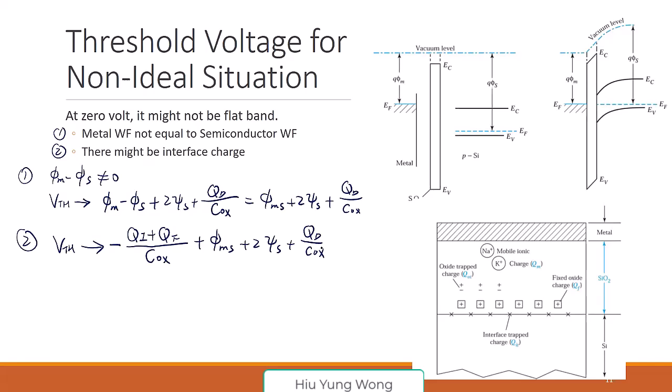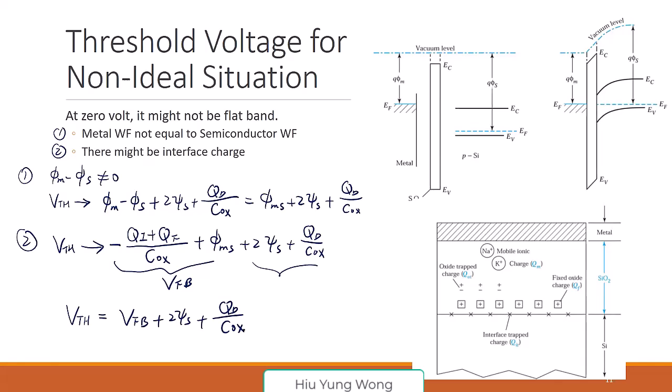That is usually what we call the flat band voltage. You apply this bias, whether you have charge or not, whether your Fermi work functions are the same or not, and then the band is flat. Then we try to invert it. This is what you have been seeing in your textbook: it is flat band voltage plus 2 phi s plus QD divided by C ox.